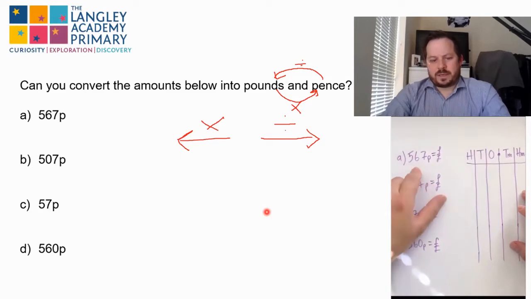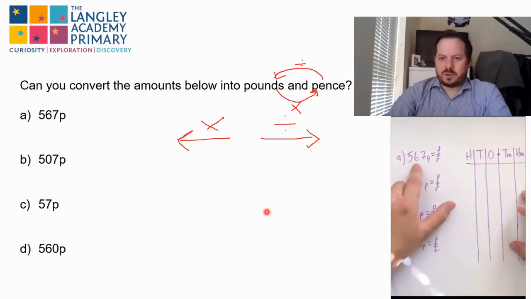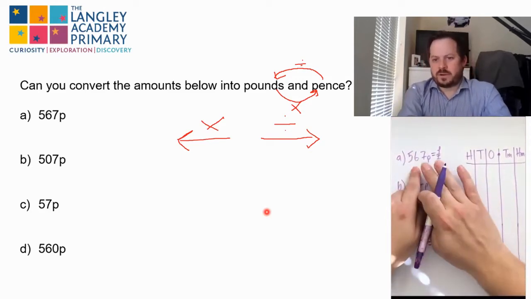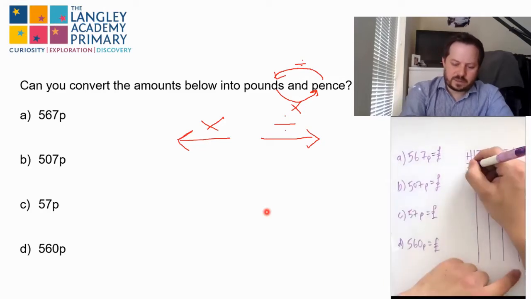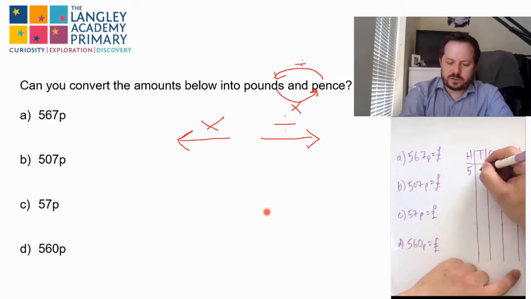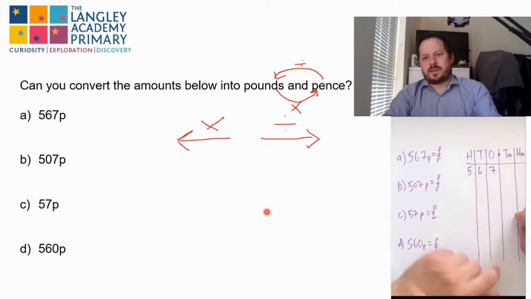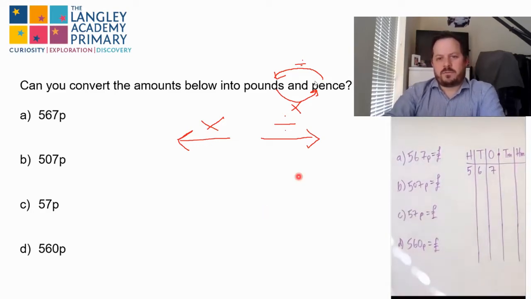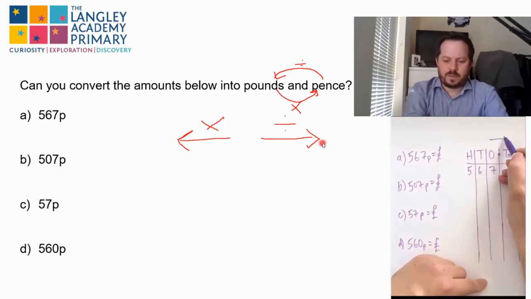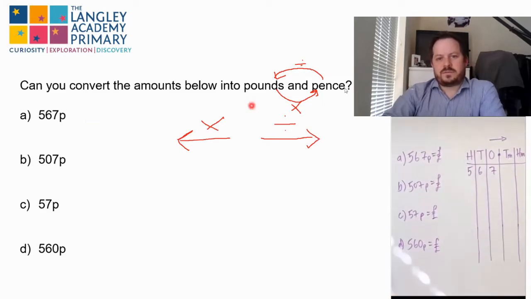The first thing I do is I put the amount I've got in pence into my place value grid. So 560 in the tens column and 7. Then I know I am going from pence to pounds, which means I'm dividing. So I'm going in this direction. And because it's from pence to pounds, it's by 100.